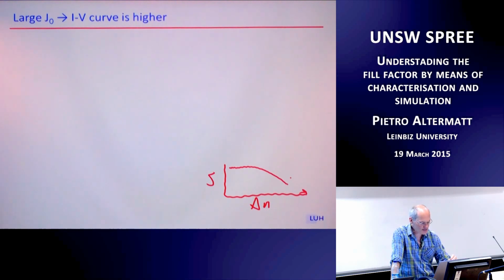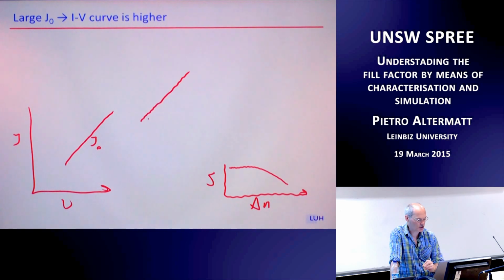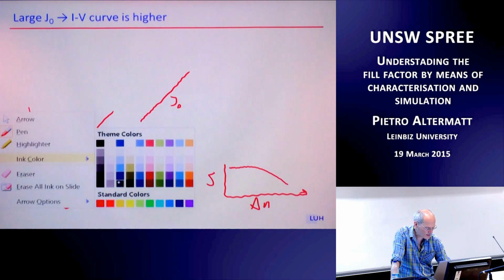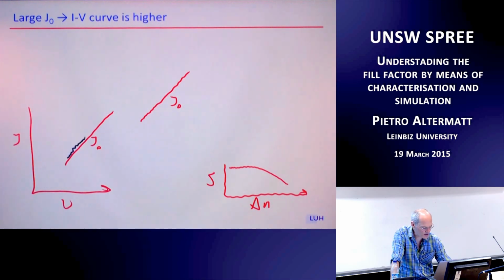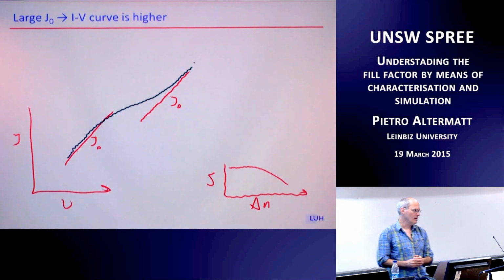So what it does is, let's say at small voltages in the logarithmic IV curve, so this is V, this is J, you got a large J naught, and at higher voltages you got a smaller J naught. And so your IV curve then bends. Say it goes along the large J naught curve, and it has a transition to the small one.